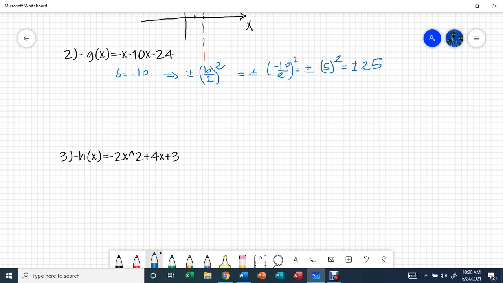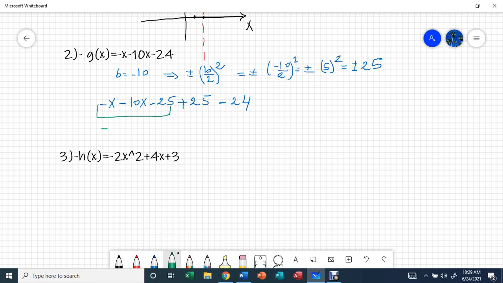So let's do that. So negative x squared minus 10x minus 25 plus 25. You see the trick here? It's like I'm adding 0. Minus 24. So adding and subtracting (b over 2) squared. So now I can factor out the first part here.